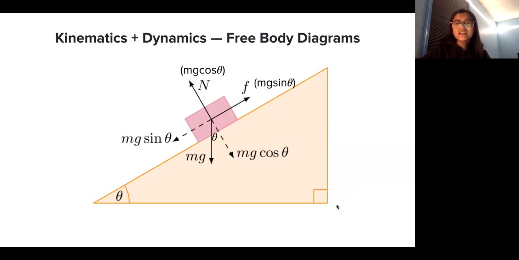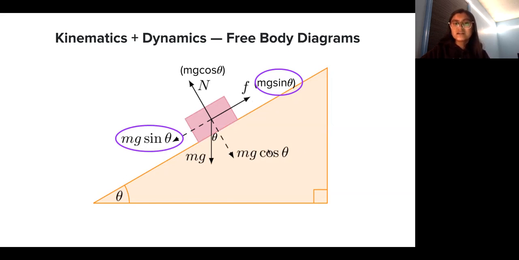And then again, if this block is stationary, we can set these two forces equal to each other, where this component of gravity is equal to this friction force, hence I wrote mg sine theta. You can also find the friction force by using the coefficient of static friction times the normal force.